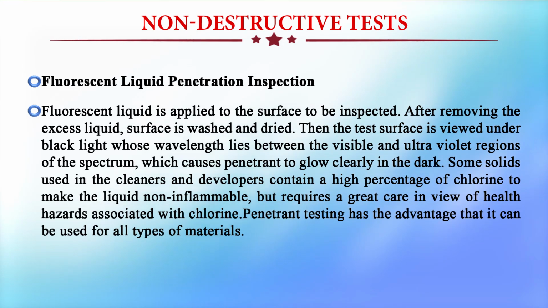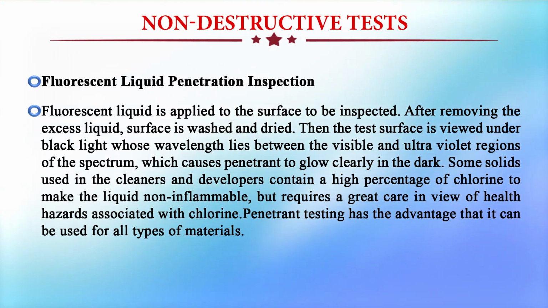Fluorescent liquid penetration inspection. Fluorescent liquid is applied to the surface to be inspected. After removing the excess liquid, the surface is washed and dried. Then the test surface is viewed under black light, whose wavelength lies between the visible and ultraviolet regions of the spectrum, which causes the penetrant to glow clearly in the dark.